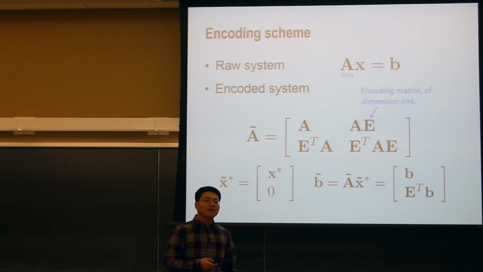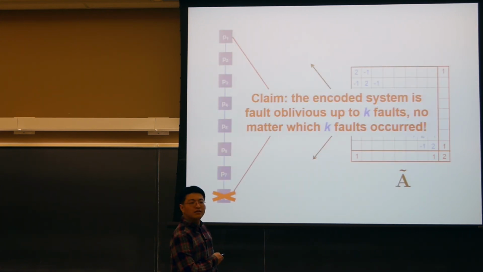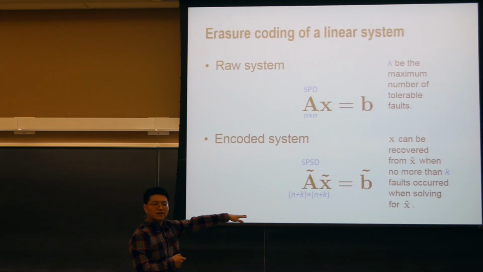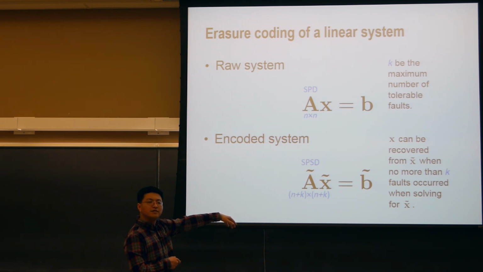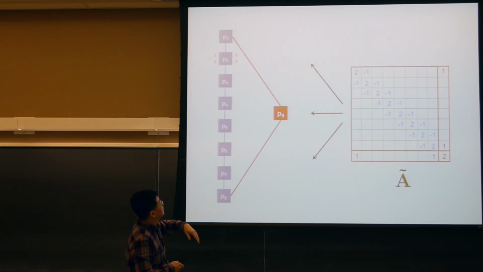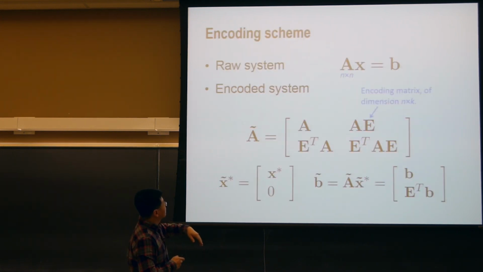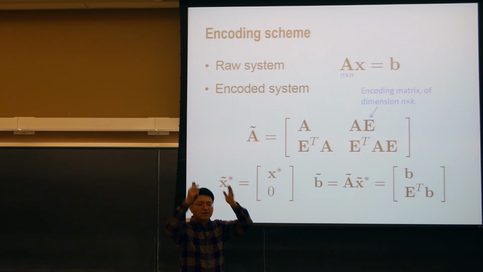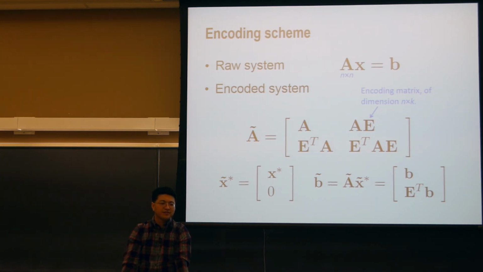I think on the previous slide. This one? Well, somewhere before that, I thought A tilde was n plus k by n plus k. Oh, right. Okay, so let me go back to this slide. Based on the one you were on before for Kyle's question, wouldn't it be n plus n times k? Sorry, am I missing something? Okay, you care about the dimensionality. A is n by n. E is n by k, a tall and skinny matrix.